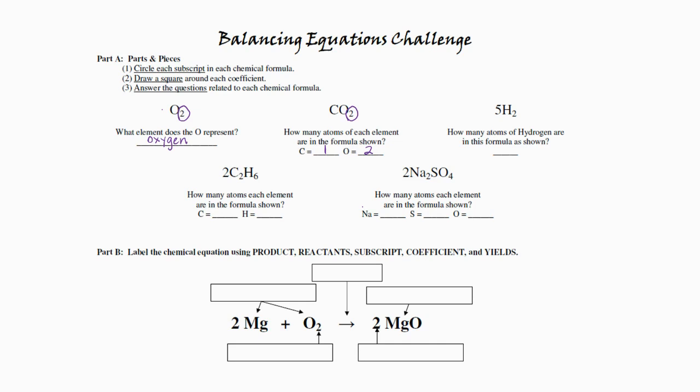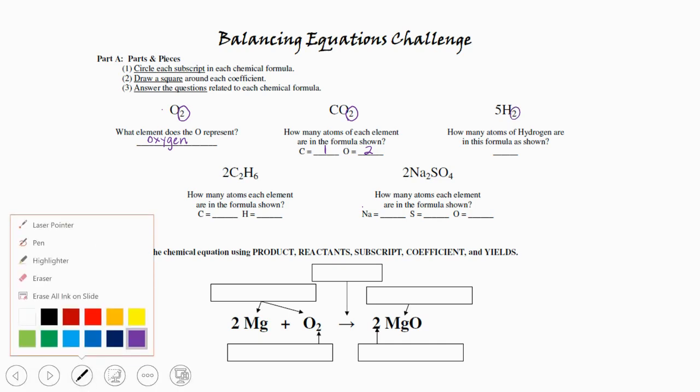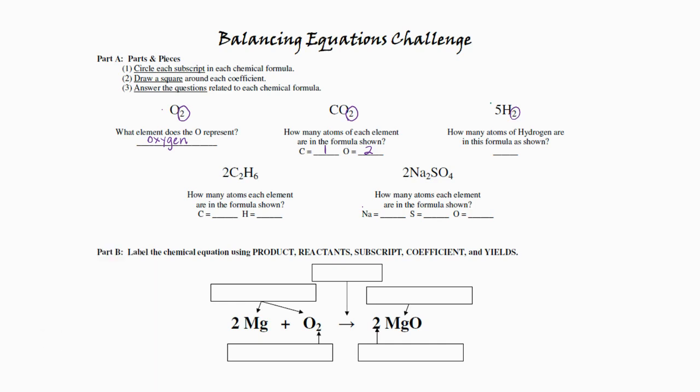Ooh, we've got another thing here in the 5H2. So this 2 after the hydrogen as a subscript tells us how many hydrogens there are. But then in front, this 5, that is called a coefficient. So whenever we take a look at this hydrogen, the 2 means that for every atom of hydrogen, there's actually 2 there. And then what the 5 tells us is that there are 5 of these H2.